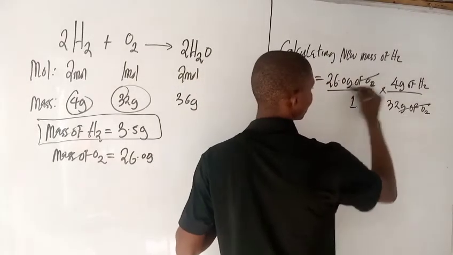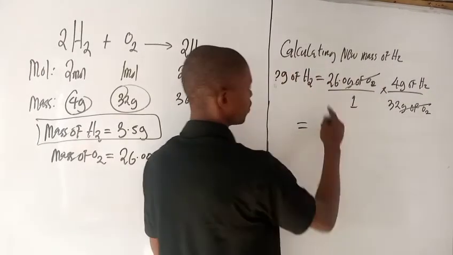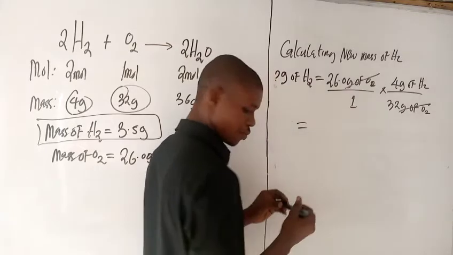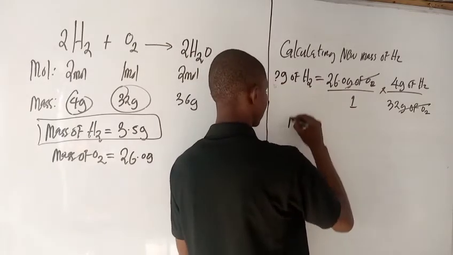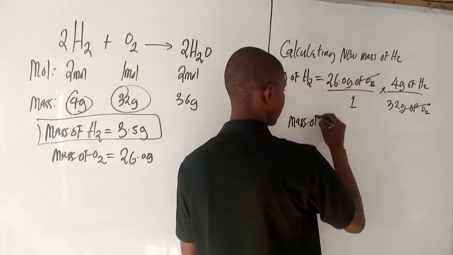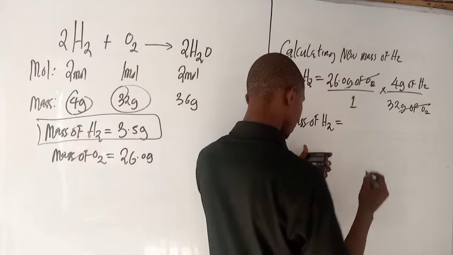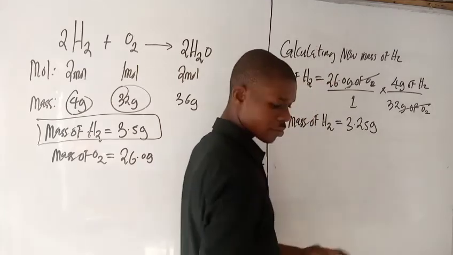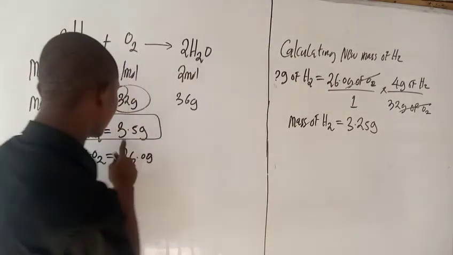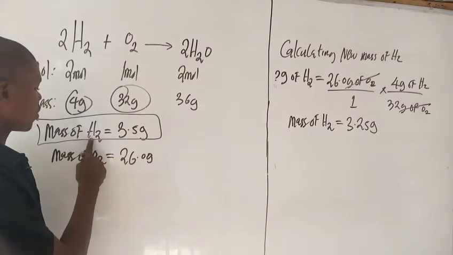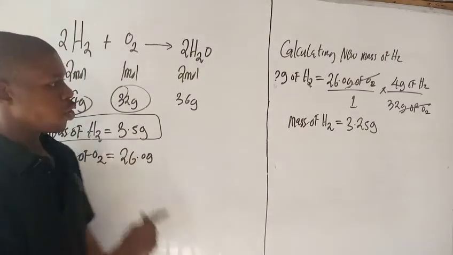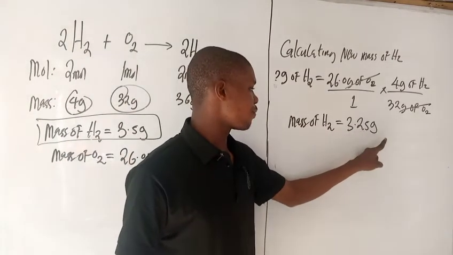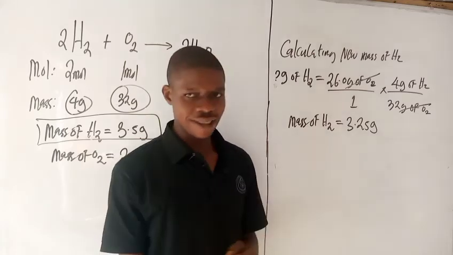This one will cancel out this one here. So here we have 26 times 4 divided by 32. The mass of H2 is going to give me 3.25 gram. So it means out of the 3.5 gram of hydrogen given to me, only 3.25 gram of hydrogen reacted.